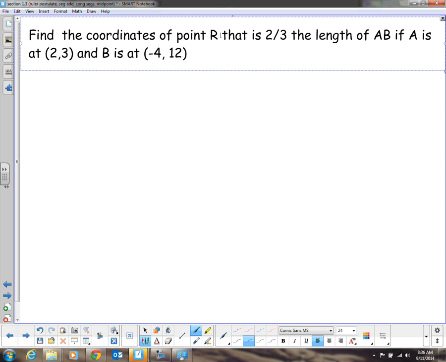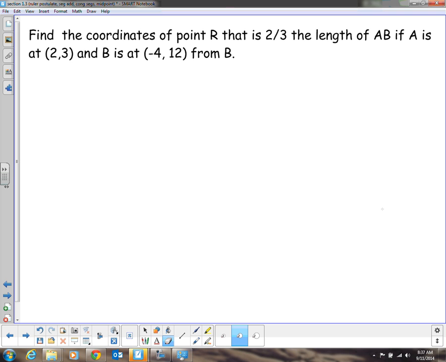Find the coordinates of point R that is 2/3 the length of AB, and I'm going to say from B. This one could be worded like the last one, where I say RB, such that the segment RB is 2/3 the length of AB.